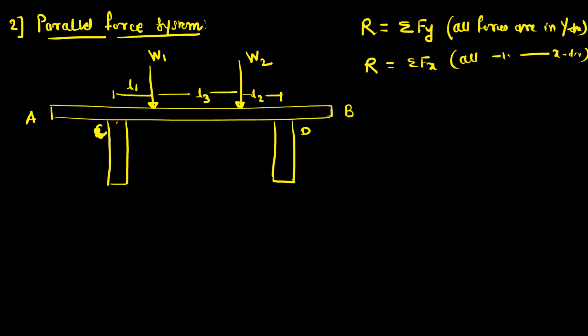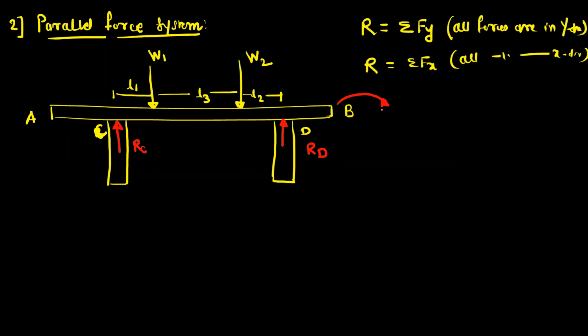So here at point C we have one support, which gives RC. At point D the support gives RD. These are called reactions: reaction RC and reaction RD. In order to visualize these reactions at points C and D, we should draw the free body diagram.